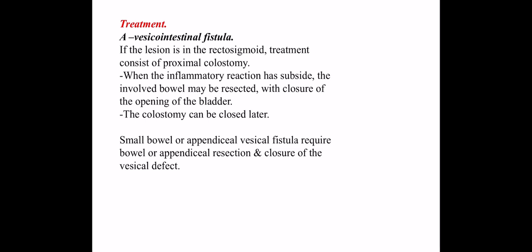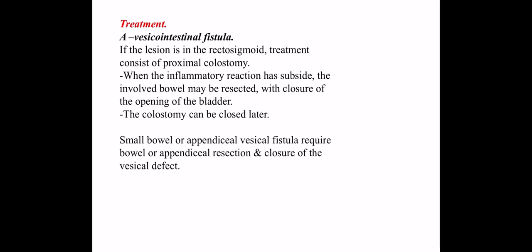Treatment of vesicovaginal fistula: if the lesion is in the rectosigmoid, the treatment consists of 3 stages. When the inflammatory reaction has subsided, first do a proximal colostomy and wait for the inflammatory reaction to subside.